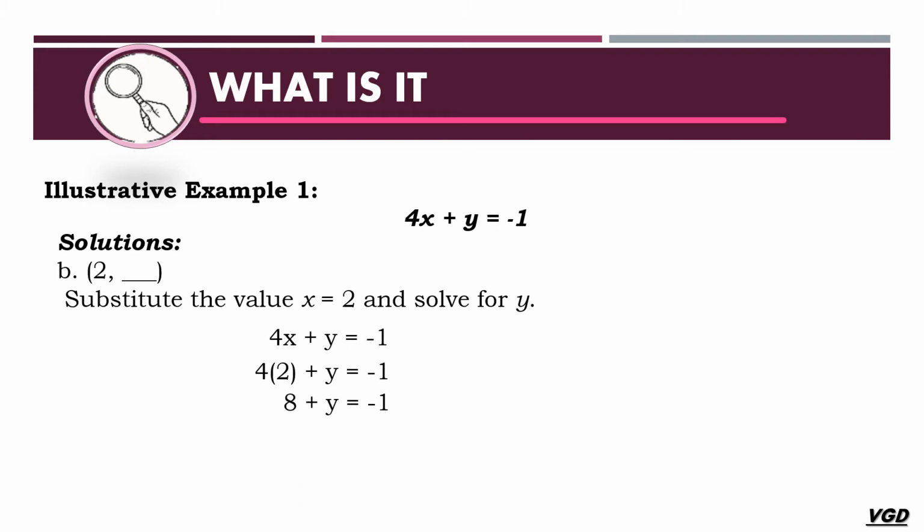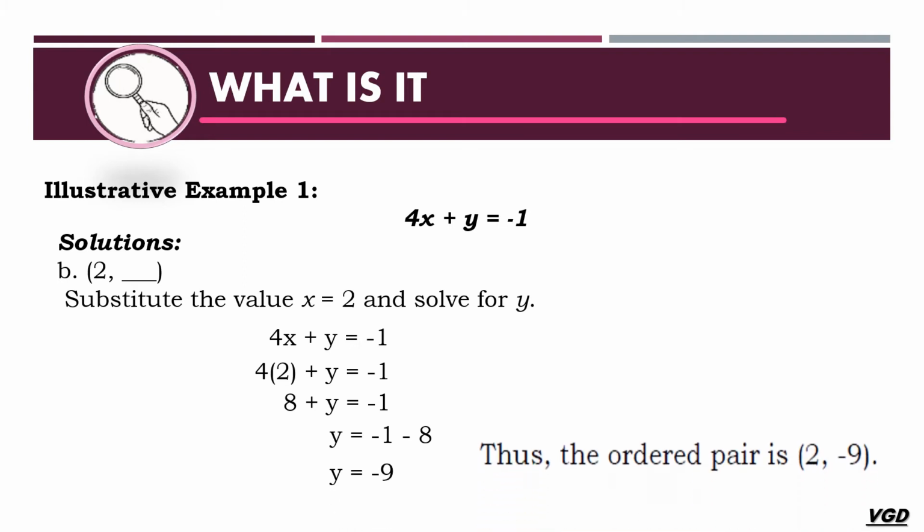And we will have 8 plus y is equal to negative 1. And add to both sides the additive inverse of 8. So we can just solve for the value of y. So we will have y is equal to negative 1 minus 8. Or simply y is equal to negative 9. Therefore, the ordered pair is 2 and negative 9.